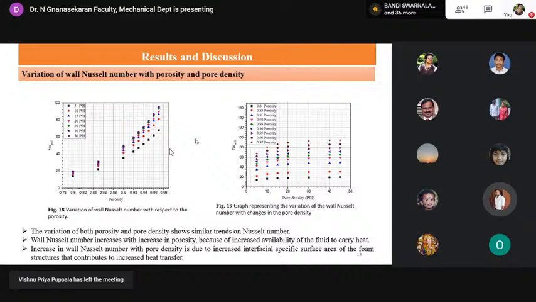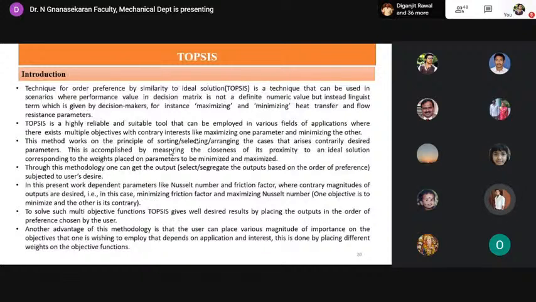Increase in wall Nusselt number with pore density is due to increased interfacial specific area of the foam structures. So at this moment, we are considering these two objectives, but it will be stated as one objective, which is nothing but the multi-objective. That multi-objective contains the maximization of heat transfer and minimization of the pressure drop.